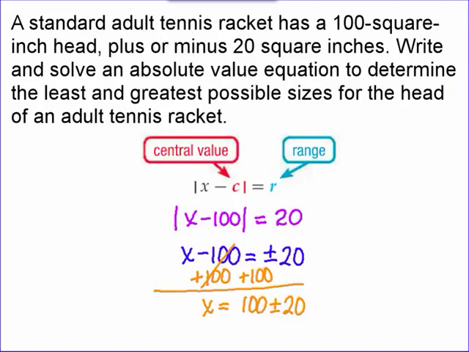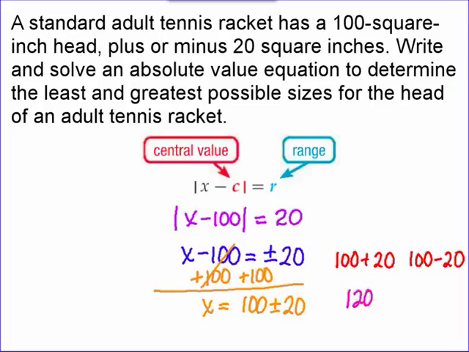Now we need to think, what does that really mean? That's two problems written in one. That means 100 plus 20. It also means 100 minus 20. So I just need to do those two problems quickly. I know that 100 plus 20 is 120.